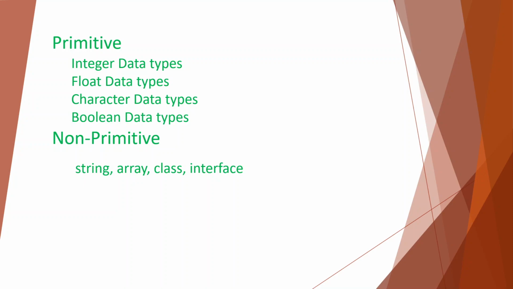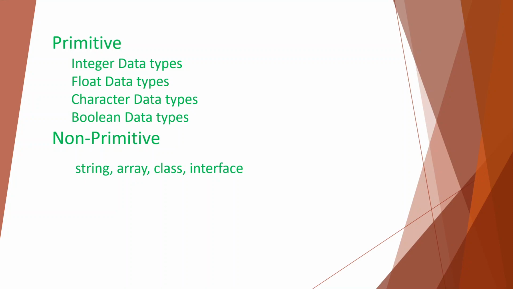Coming to the non-primitive data types, as opposed to the primitive data types, those come with the inbuilt programming language, but non-primitive data types, except the String class, won't come inbuilt with the programming language. Class, interface, all those things we have to create ourselves.